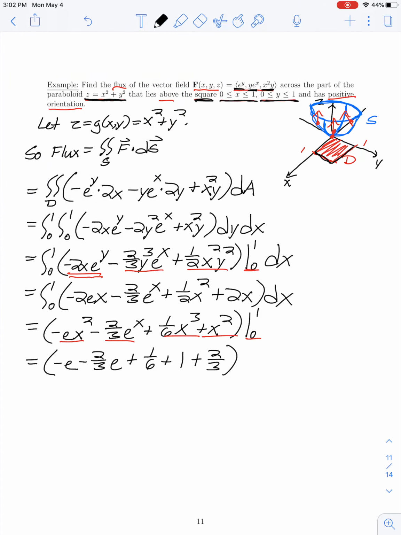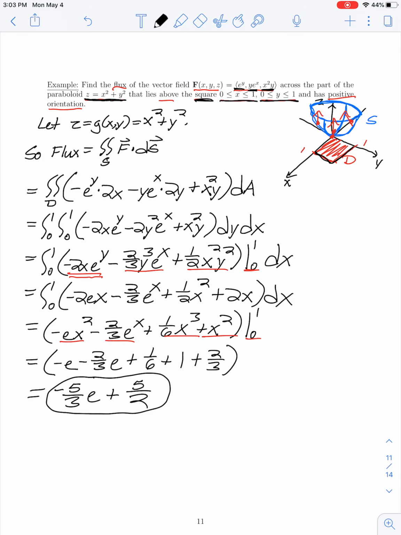And then grouping like terms, we had a negative e minus 2/3 e. So that is minus 5/3 e. And then grouping our constants, we have, let's see, 6/6 plus 1/6 plus 4/6 gives us 11/6, or 5/2, I believe. So this would be the value of the flux of that vector field over this surface S.